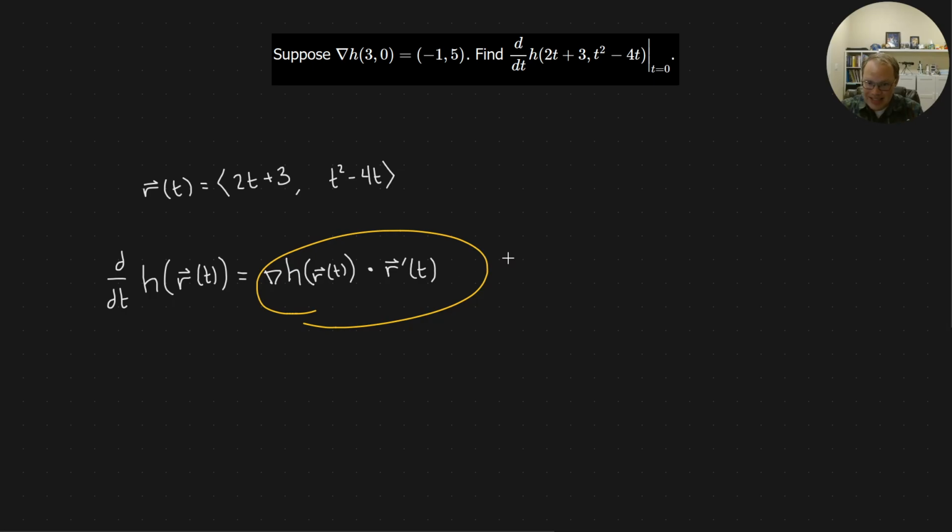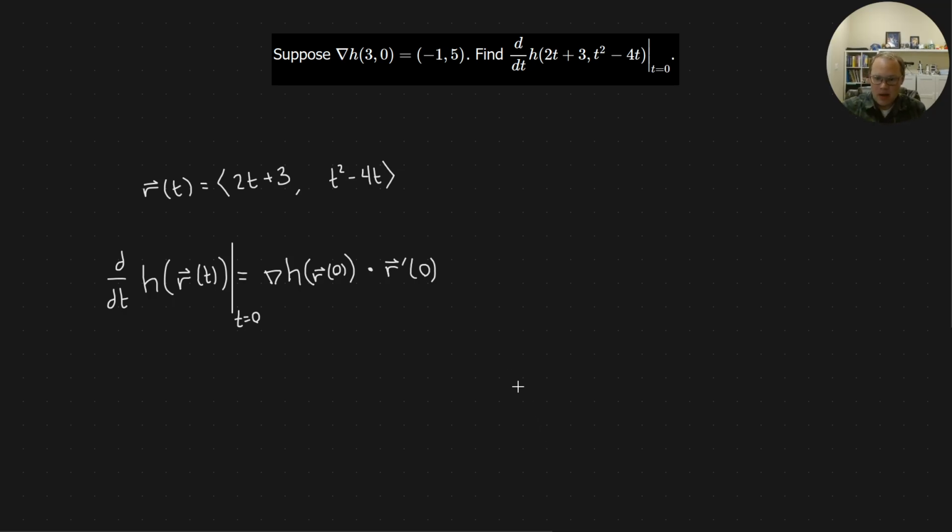That's the formula to find the derivative. But I don't care about the derivative anywhere. I care about the derivative specifically when t is equal to 0. So if I'm interested when t is equal to 0, I want to evaluate this when t is equal to 0, then I can plug 0 in here and see what we get.